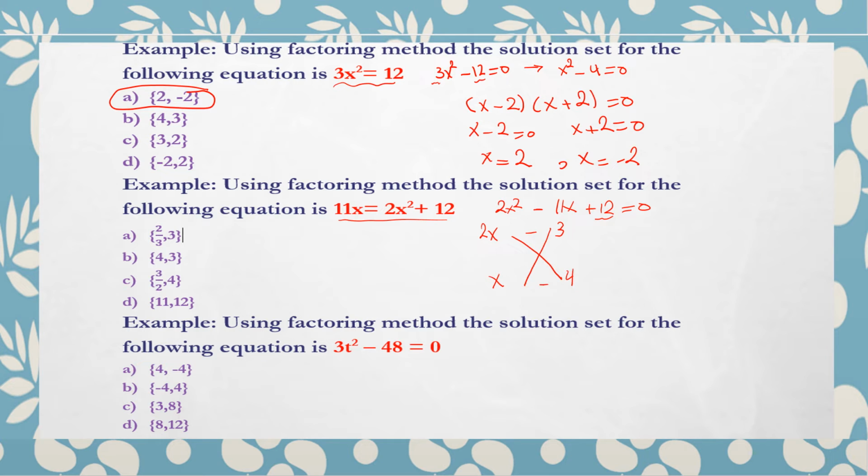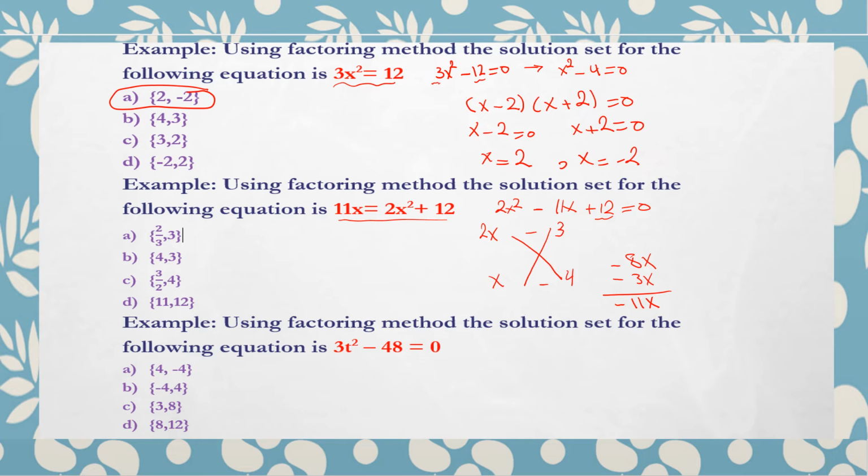And by assigning negative signs for 3 and 4, we can get that, by multiplying 2x times minus 4, so minus 8x, and multiplying minus 3 with x, we get minus 3x, and this gives us negative 11x, and also the product of minus 3 times minus 4 gives plus or positive 12.